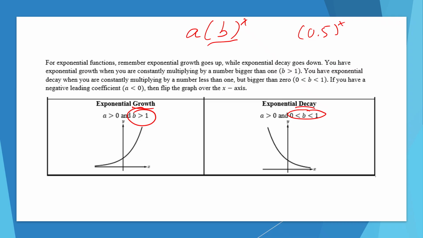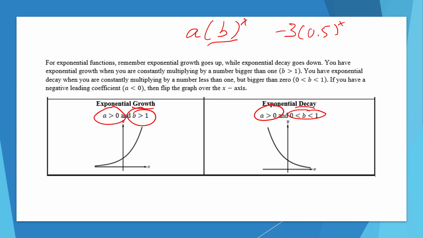And then the only other thing that you may need to worry about is if a is positive or negative. In both of these cases, a is going to be assumed to be positive for growth and decay. But remember, if a is negative, let's say I make this negative 3 times 0.5, that negative sign is a vertical reflection.